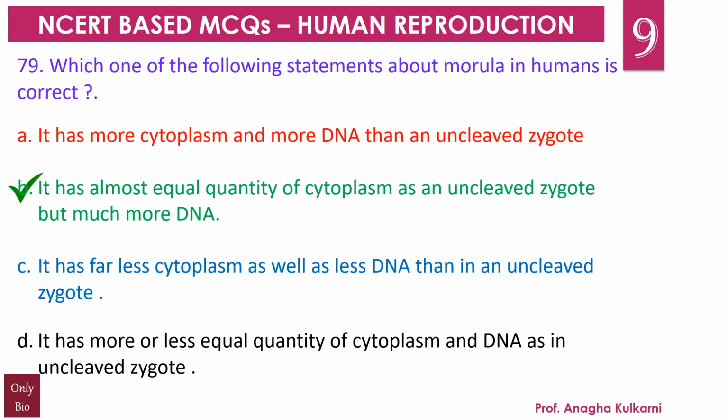Since each cleavage is accompanied by DNA replication and equal distribution of double DNA to daughter cells, each cell division doubles the DNA content of the morula. And this is the reason why we can say that morula has almost equal quantity of cytoplasm as an uncleaved zygote but much more DNA.